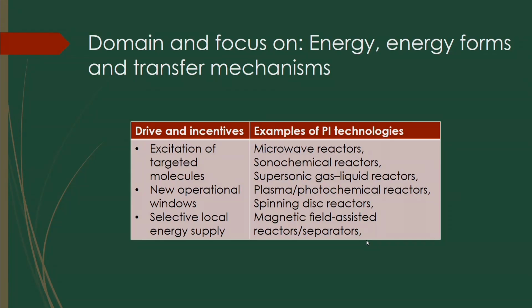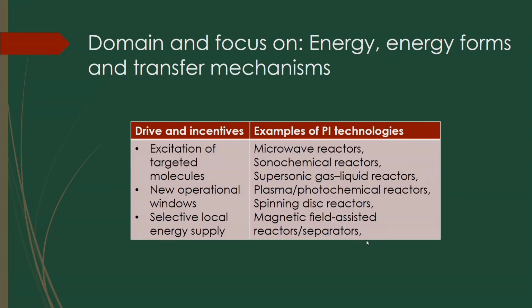Even some energy forms and their mechanisms are considered for heat and mass transfer, like excitation of the targeted molecules, which is sometimes done for reactions before going to the main processes.